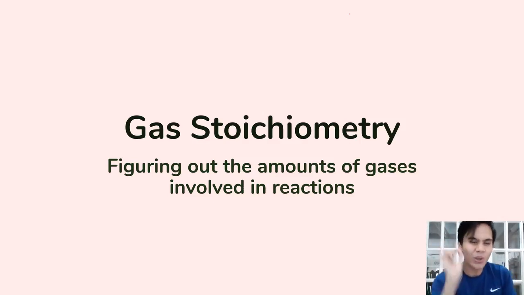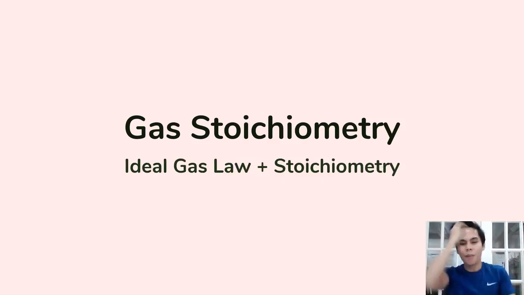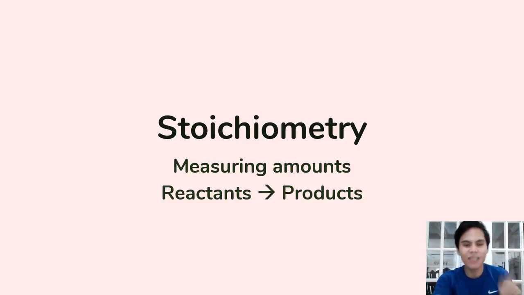Now, when we say stoichiometry, you guys might have forgotten what that's all about. But when we say gas stoichiometry, we're combining the ideal gas law with stoichiometry. So let's focus on the word stoichiometry. It means measuring the amounts, specifically of our reactants in a chemical reaction and the products of a chemical reaction.